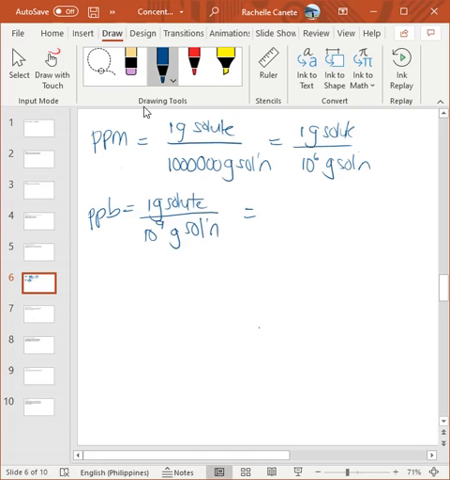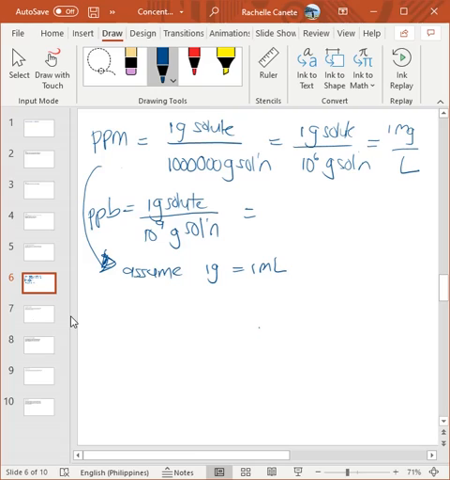And usually, class, ang PPM, we equate this with 1 milligram per liter. You know why? Because, in the case of PPM, it's equal to 1 milligram per liter because we assume nga ang 1 gram is equal to 1 ml, or 1 ml is equal to 1 gram.